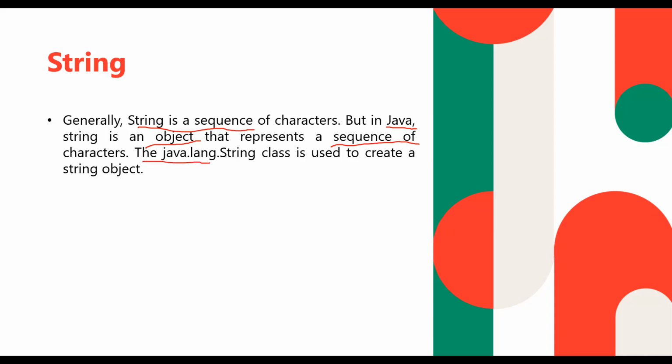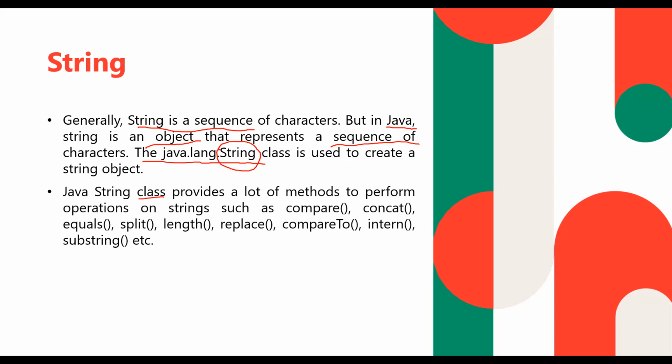The java.lang.String class is used to create a string object. So this class object we will create to represent a sequence of characters in Java, and this class is available in java.lang.